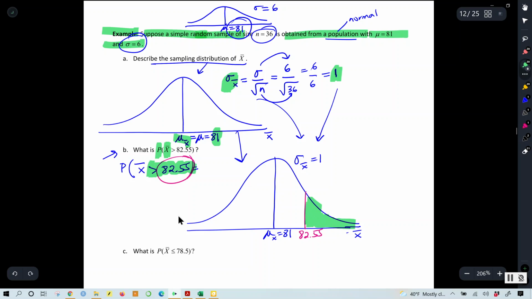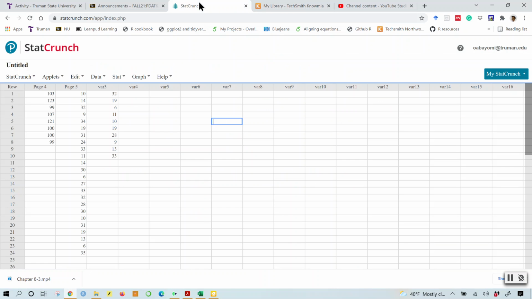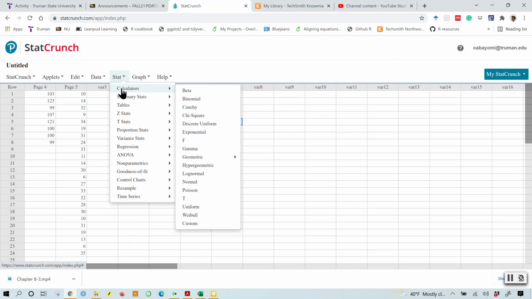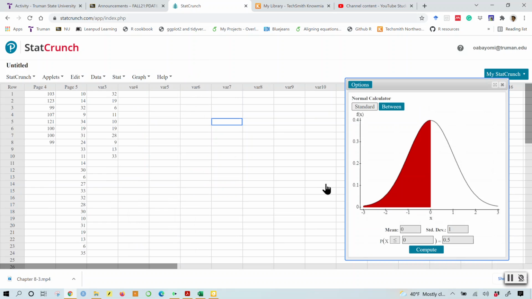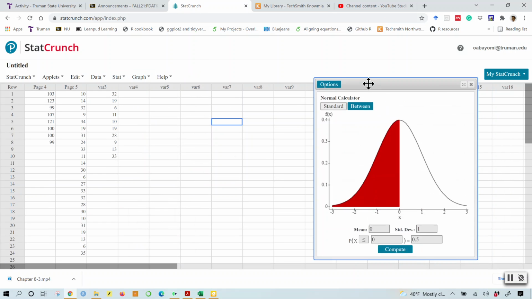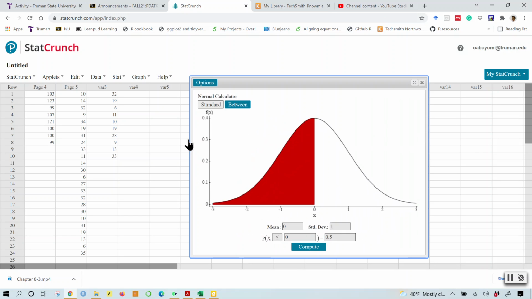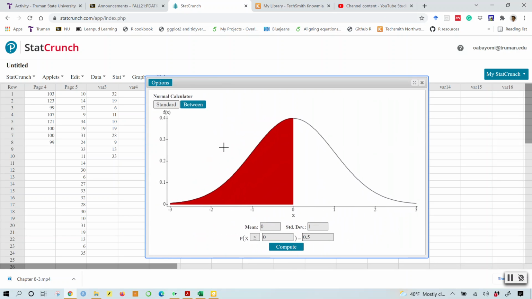So we go to our normal probability calculator in StatCrunch. I'm going to go to StatCrunch, go to statistics, go to calculators, go to the normal calculator, and I'm interested in the standard calculator.